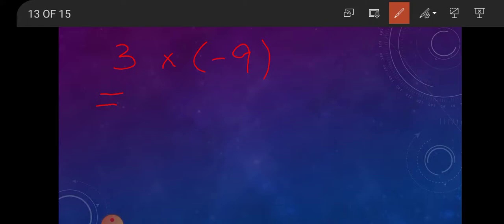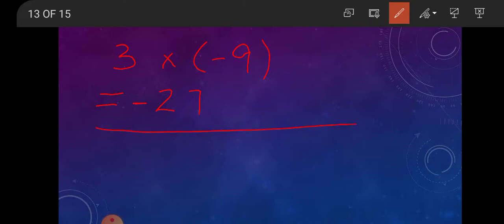The multiplication is done in the same way as usual: 3 times 9 gives us 27. But what about the sign? As per the multiplication box, positive multiplied with negative gives a negative sign. So we write -27. So 3 multiplied by -9 gives us -27.